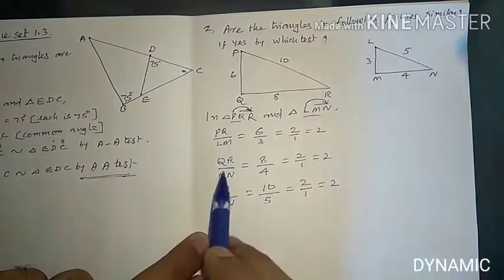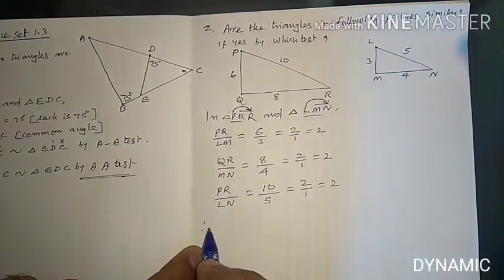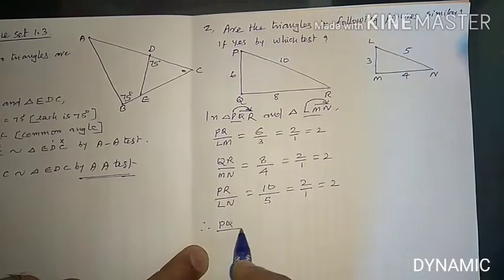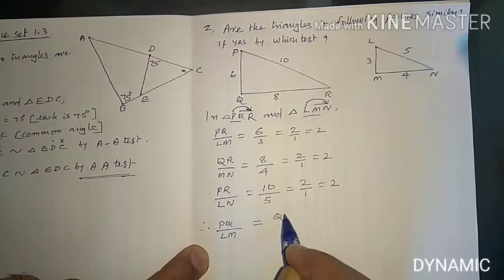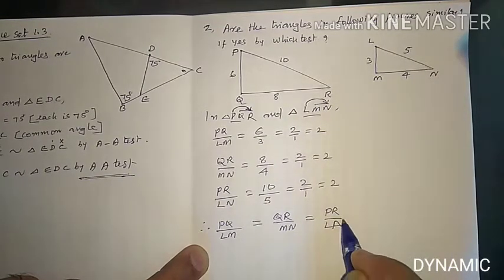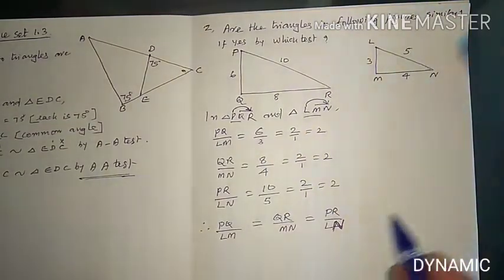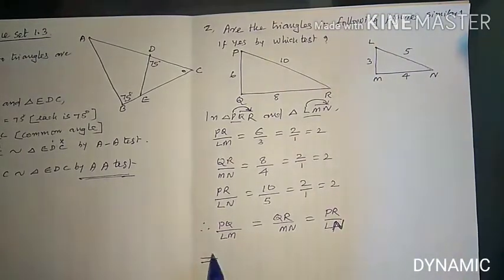All these ratios stand for one and the same value. Therefore, PQ upon LM is equal to QR upon MN is equal to PR upon LN. All these three ratios are equal, means sides are proportional. This sign means it implies that.